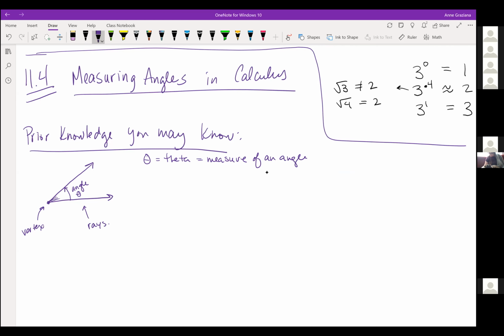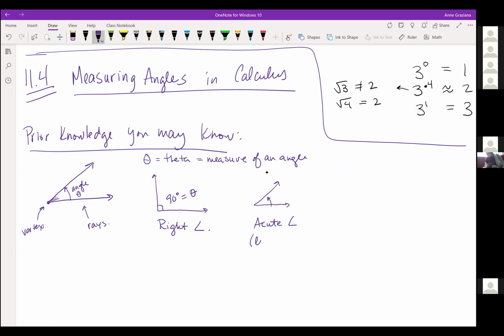So let me test you guys. We know this. What type of angle is this called? A right angle. Okay, so this is 90 degrees would be my theta. Anybody remember what is an angle that's smaller than 90? Acute angle. Yeah, acute angle.